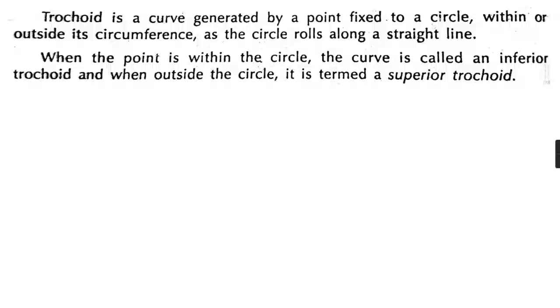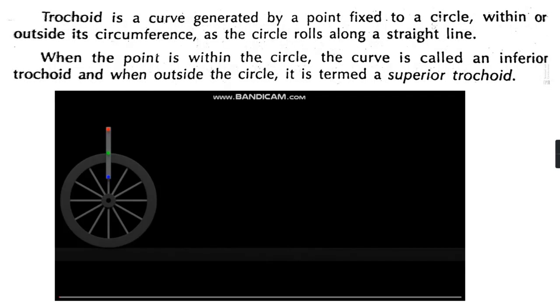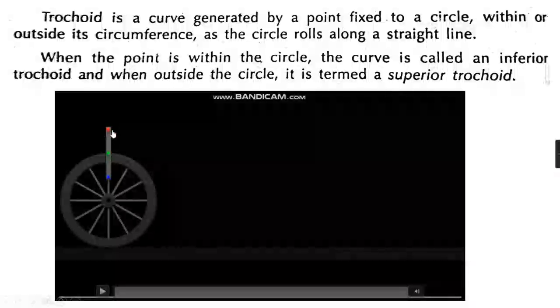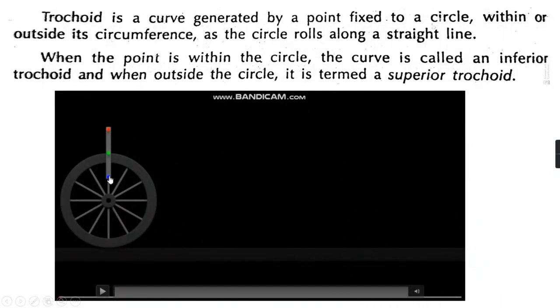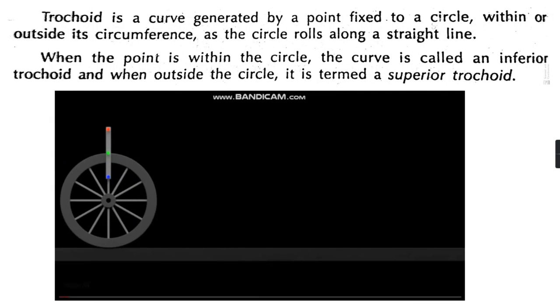In the picture you can see this is the point which is outside the circle, this is the point which is inside the circle, and this is at the circumference. When the circle moves, we get different curves.